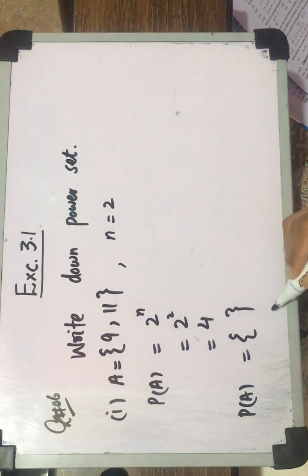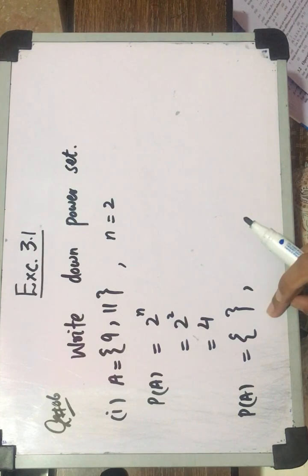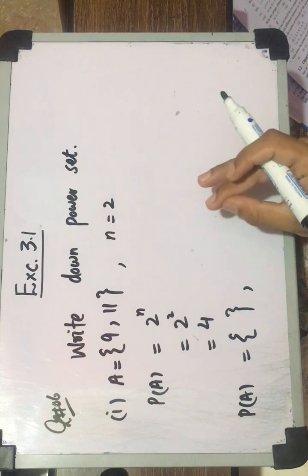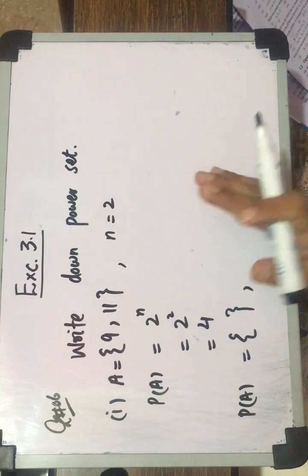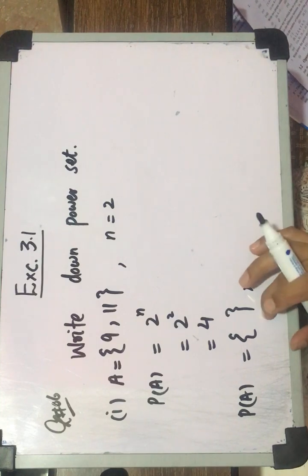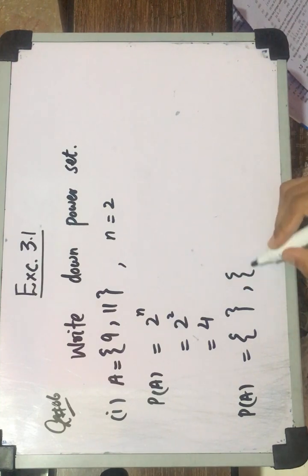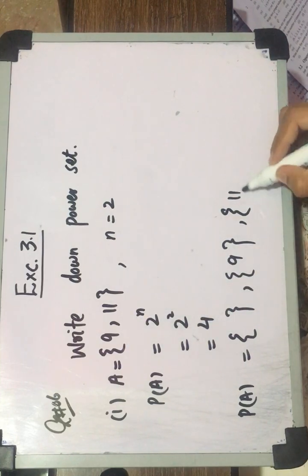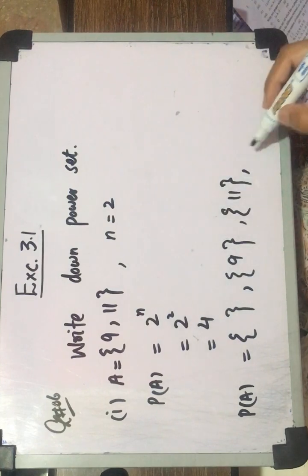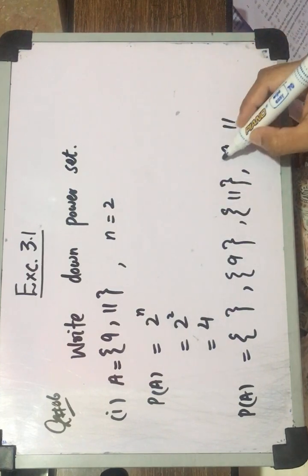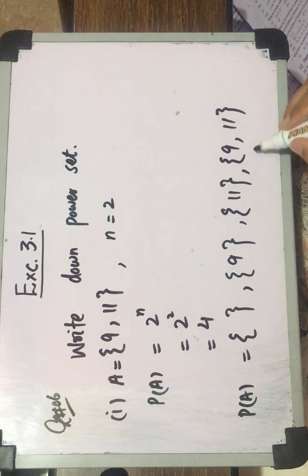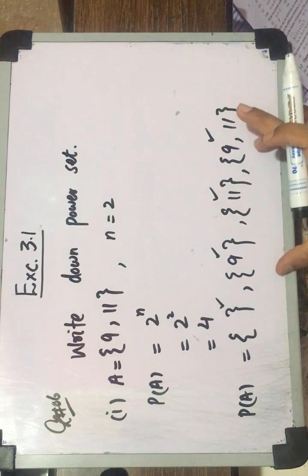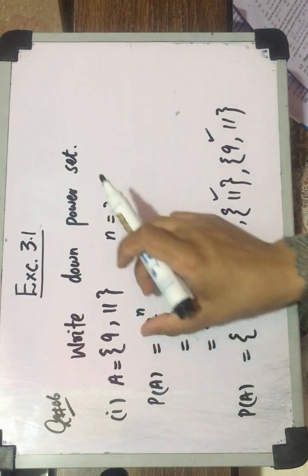The first one is the empty set. The empty set is always a subset of any set. Then we have 9, and we have 11, and then we have both 9 and 11. So how many sets are there? 1, 2, 3, 4. These are the 4 power sets of this set.